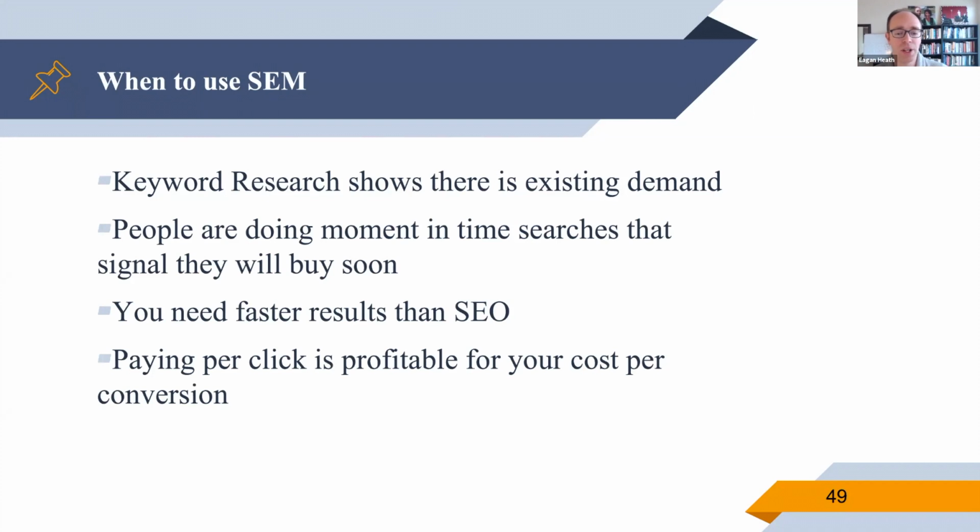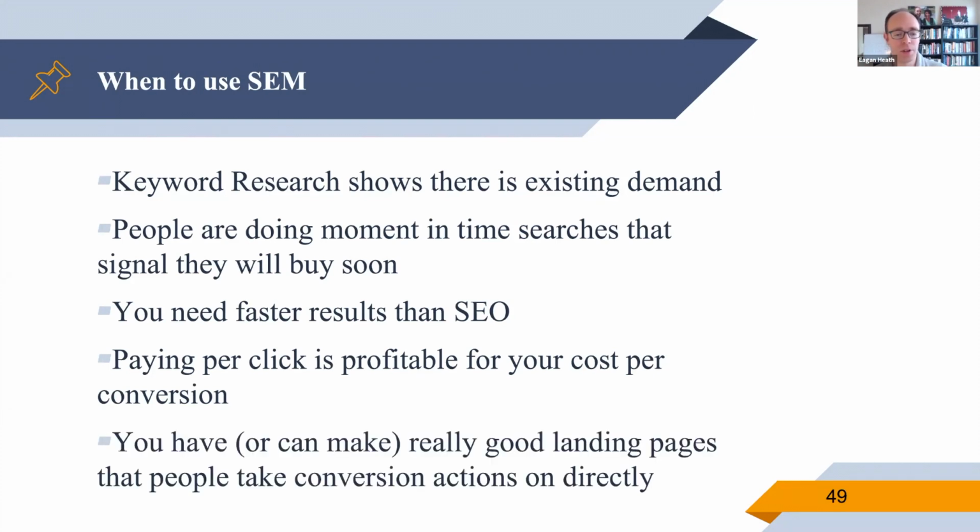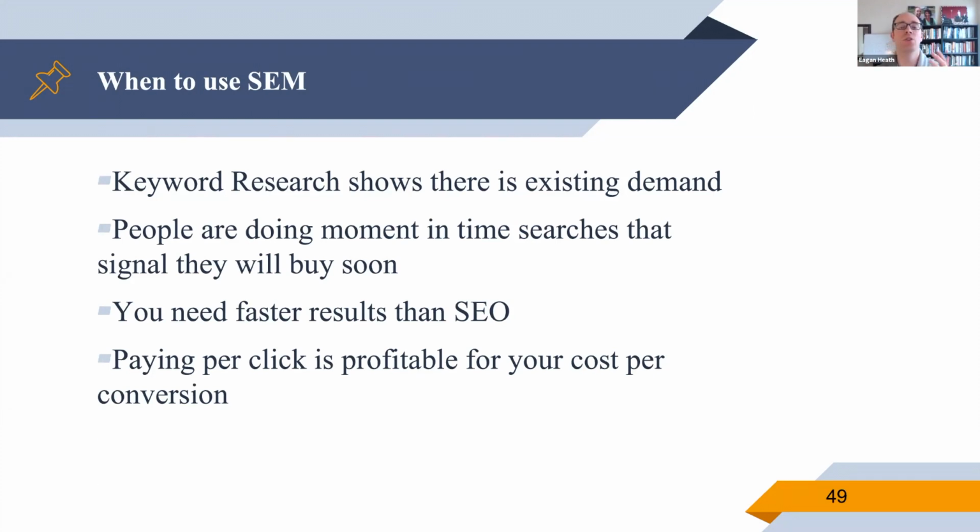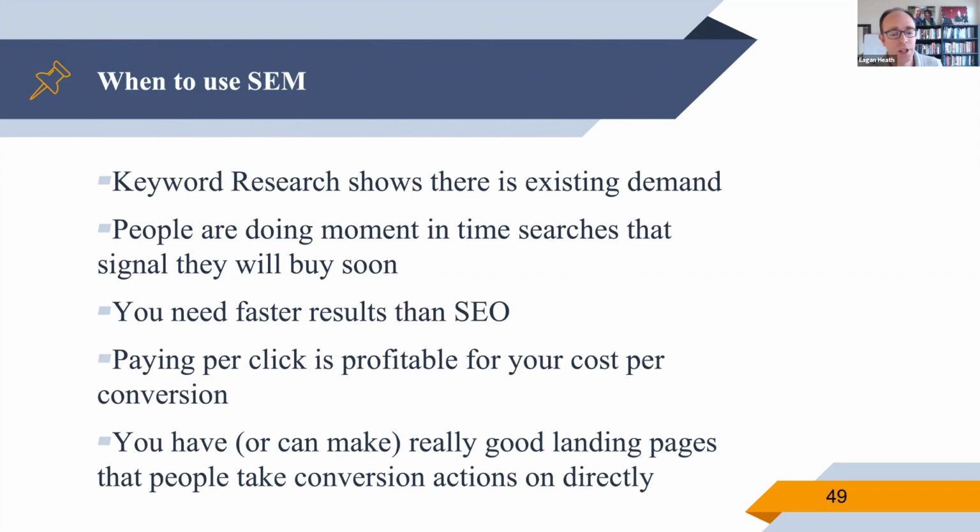And paying per click is still more profitable in terms of cost per conversion. So we don't just care how much the clicks cost. There's an auction, and it depends how competitive it is. But we also want to know how many clicks to the site it takes to get a lead and how much that lead costs. That's what really matters. And then after that, if we're doing services, what's our closing rate? You also need to have really good landing pages for this.